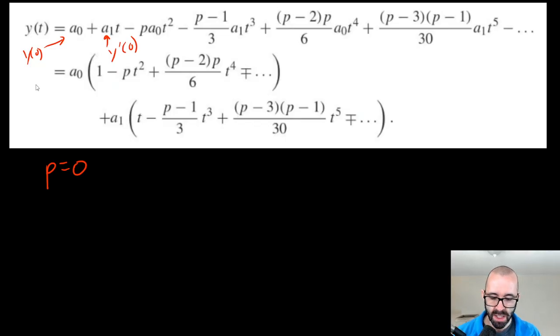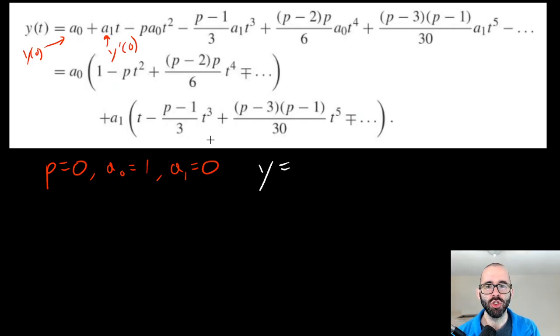Okay, so if p equals 0 and if our initial conditions are really nice, so if p equals 0 and a0 is equal to 1, and a1, which is the first derivative, is 0, essentially we have no initial velocity. If all this happens, we get something really nice. What does a giant thing become if all these things happen?